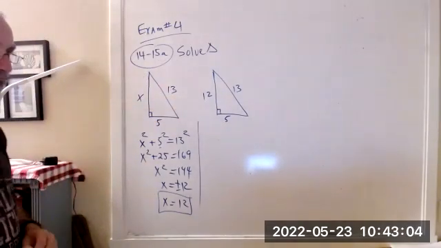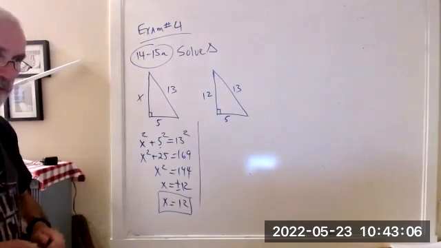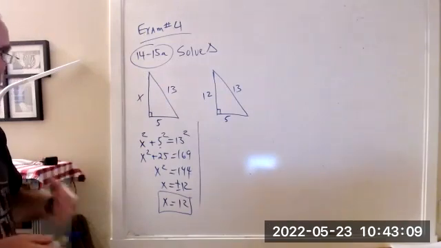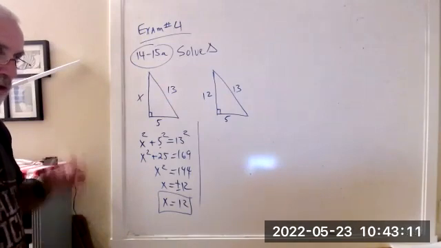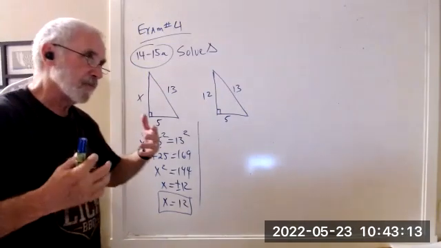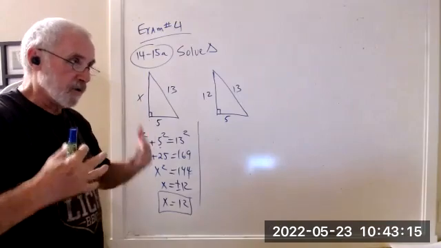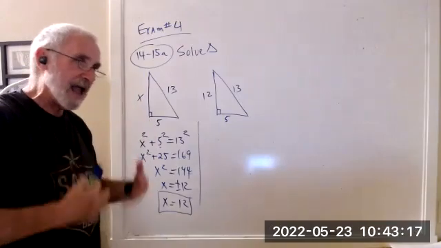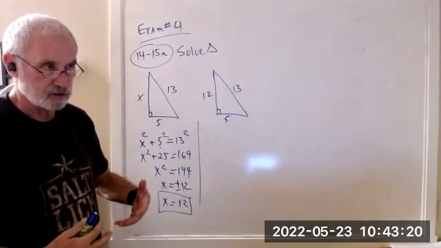Okay, now I have to find the missing angles, and this is where Sohcahtoa comes in. Sohcahtoa is a formula that uses angles and sides.